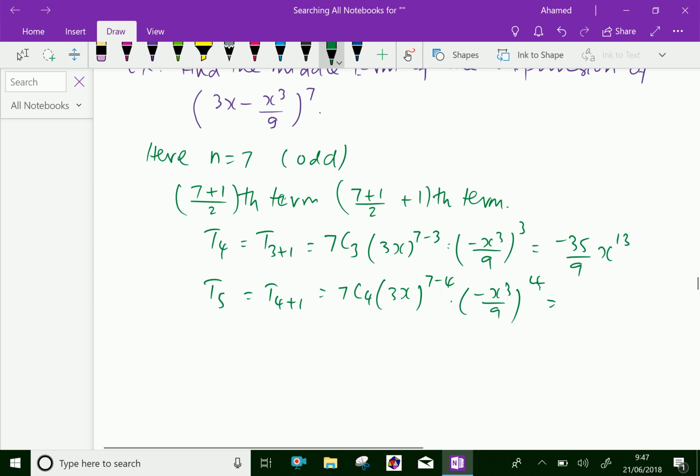So we get the final answer 35 over 243 of x power 15. Here there are two middle terms. First middle term is minus 35 over 9 into x power 13. The second middle term is 35 over 243 into x power 15.